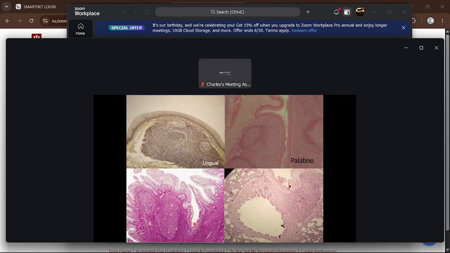In the lamina propria we have lymphocytes, and also in the appendix in the lamina propria.